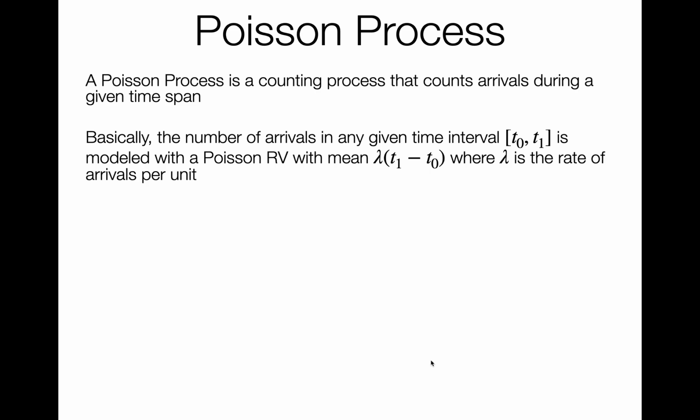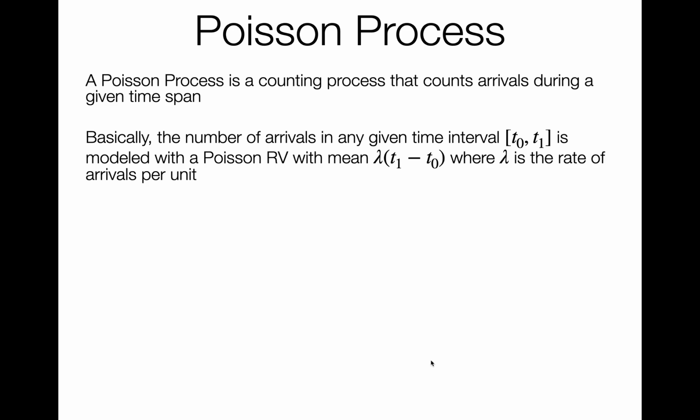If you remember, the Poisson distribution had one parameter, which was the rate, and it turned out that the rate was equal to the mean and the variance. But we're interested in the mean here. So the new mean is going to be the old mean, lambda, times the time interval, the difference of t1 and t naught, which tells us how long it was, where lambda is the rate of arrivals per unit time. It's really not that different from what we've been doing before.